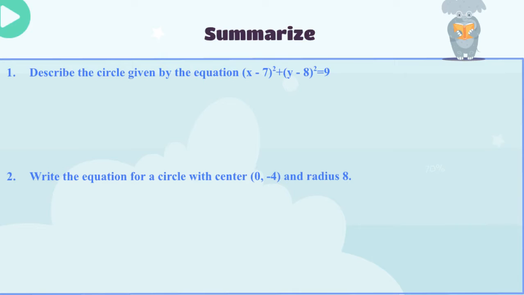So we are going to start with the standard equation of a circle, which is r² = (x - h)² + (y - k)². Through these notes, we've seen a few different versions of this and worked our way toward it, but this is the standard equation of a circle.